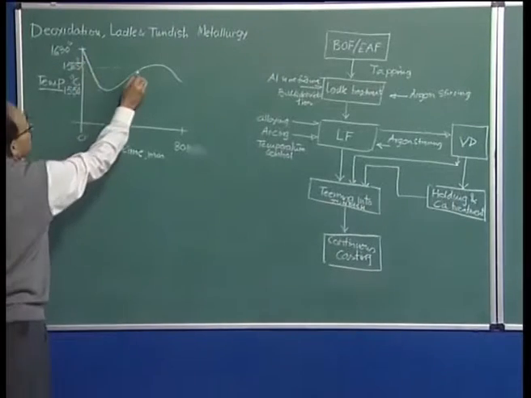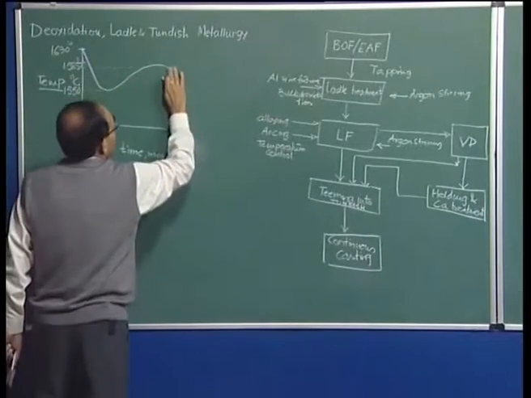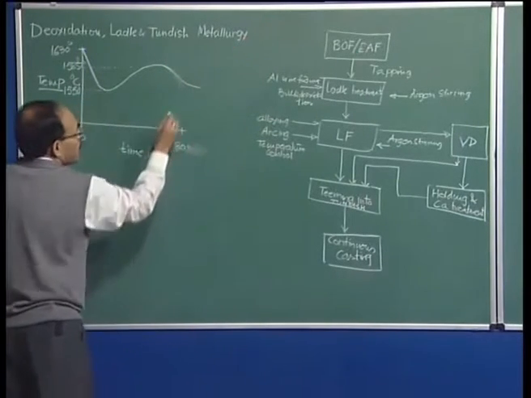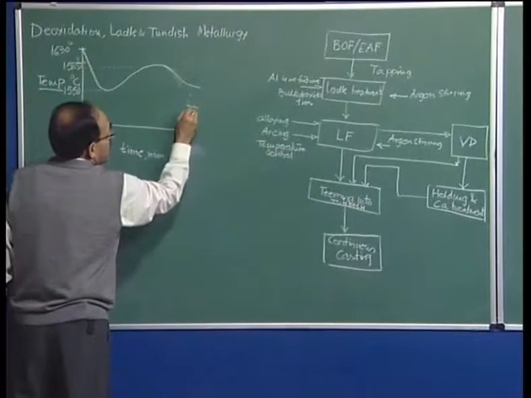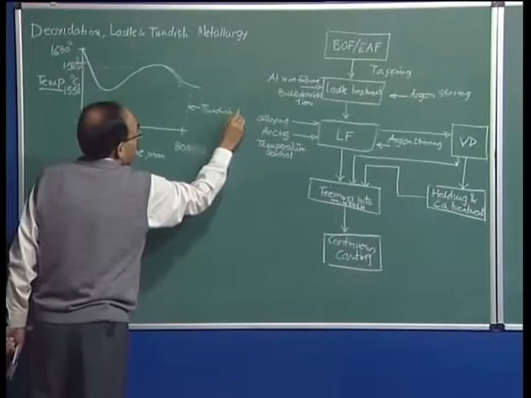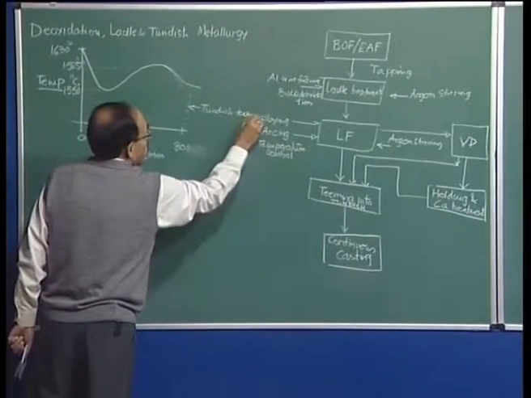So, that is the temperature we are talking about here, and then we are transporting the ladle to continuous casting, or this is the period the ladle is in the tundish. So, tundish teeming.